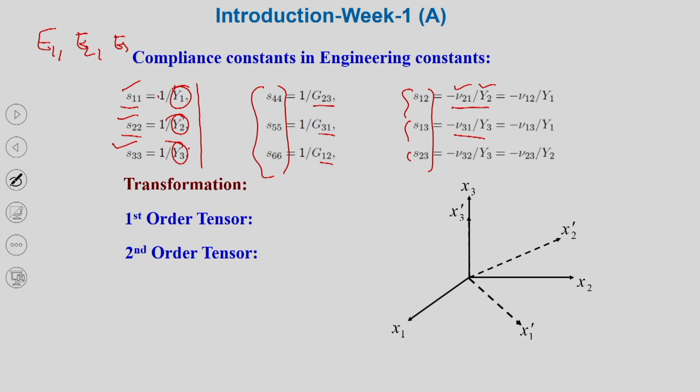So, I think some of you may be encountering this kind of notation, mu21, mu31, mu32, for the first time, or you may be aware of it.